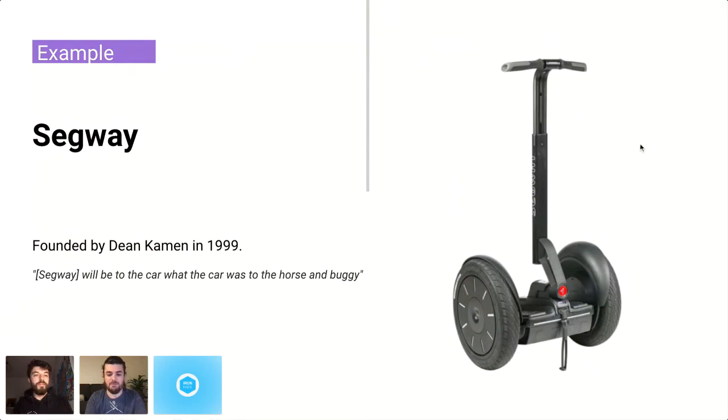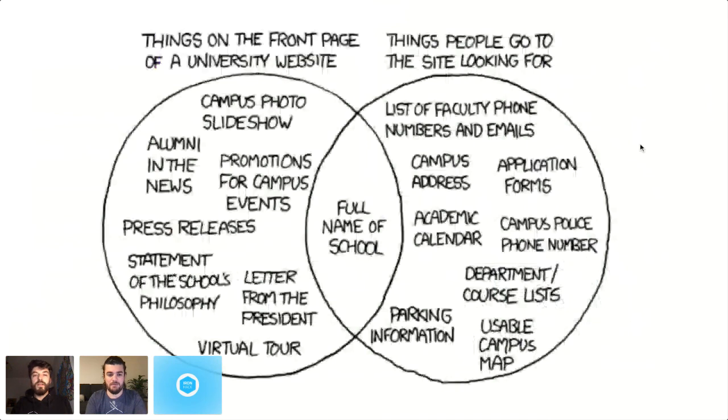I like this example, for example. On the left, you can see things on a university website, actually, and on the right, what people are looking for. And the only thing they have in common is the full name of the school. But this is really common when you see a business owner. They want to put everything there. They want to show everything they have.